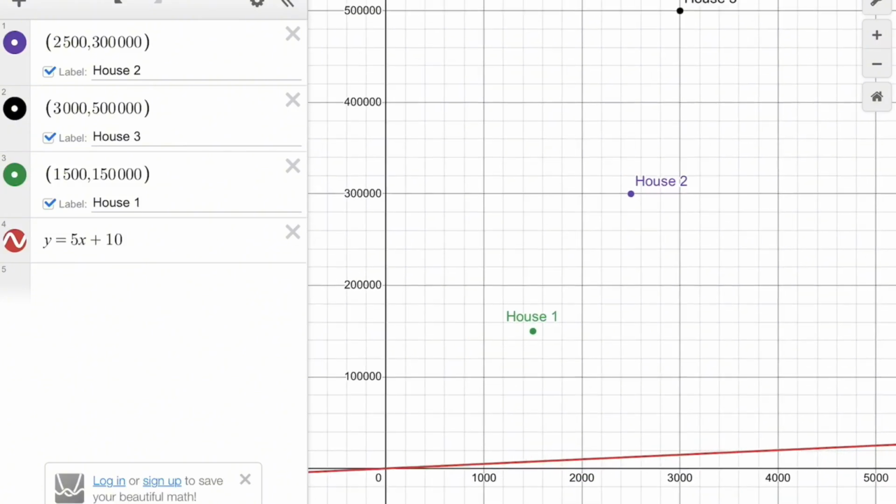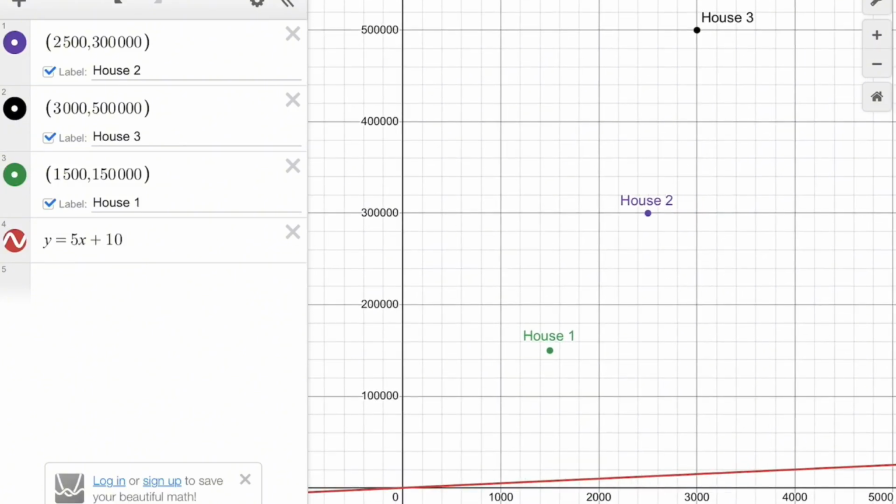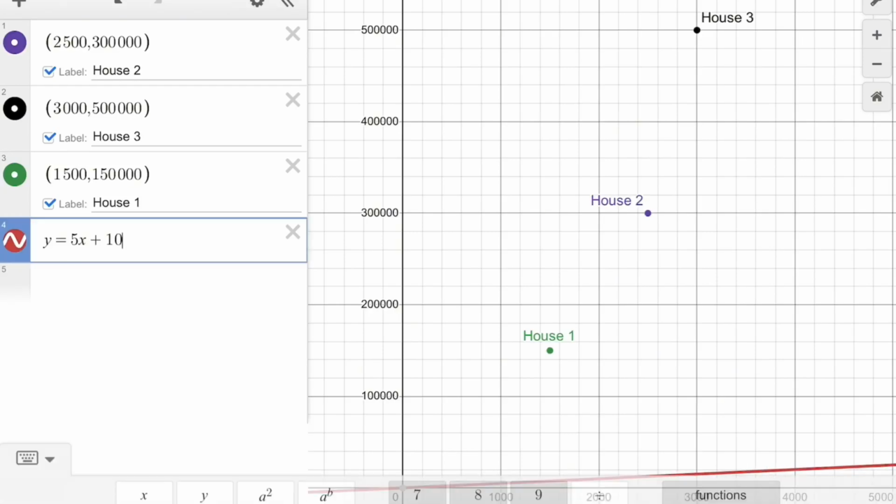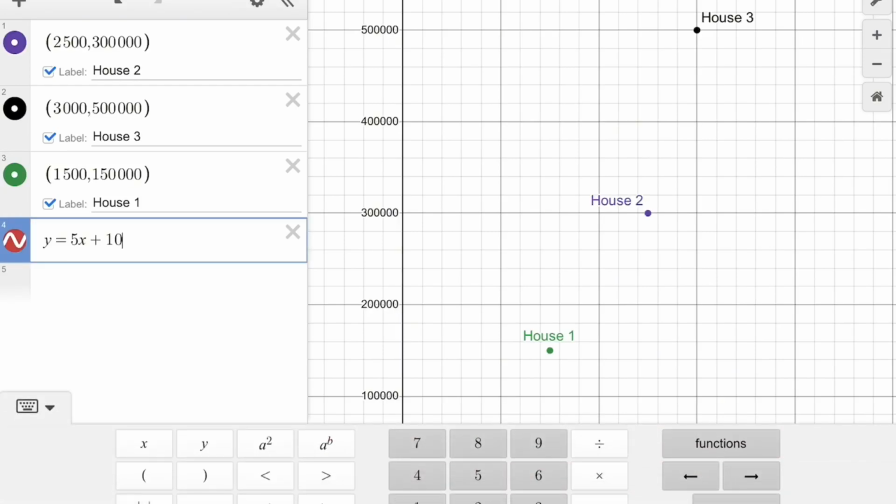So let's go ahead and try that. On this left side, we want to get this linear function to best go through these 3 points. How can we do that? Just like we talked about, modifying w and b. Let's start with modifying b. Instead of 10 here, let's make it maybe 70,000.